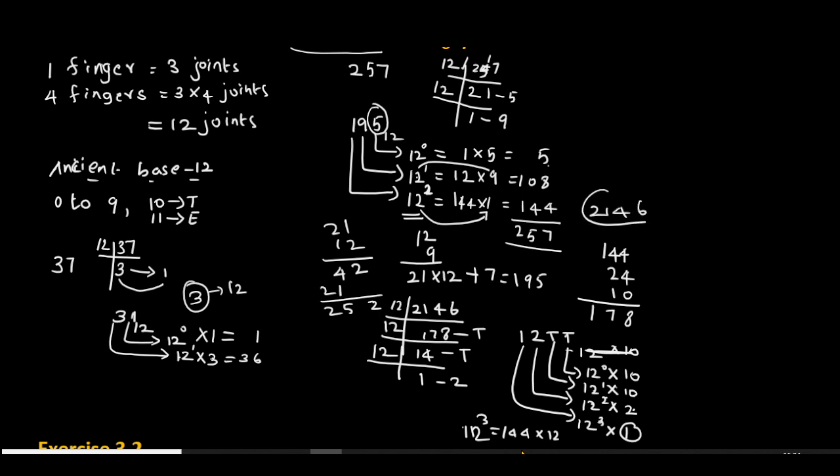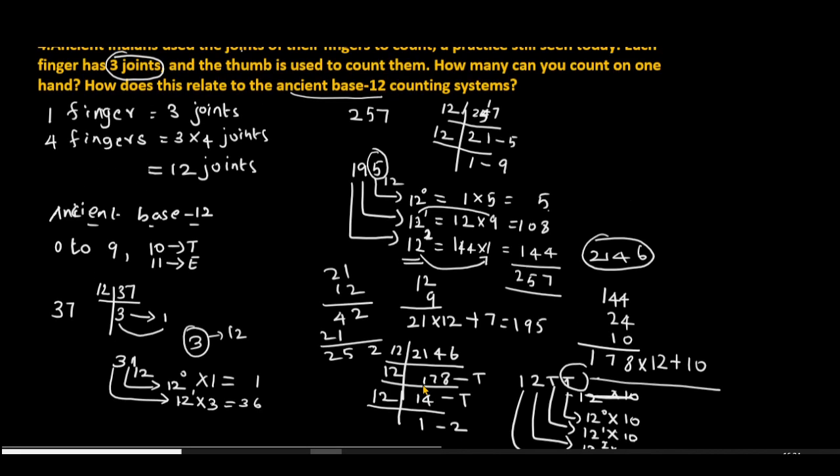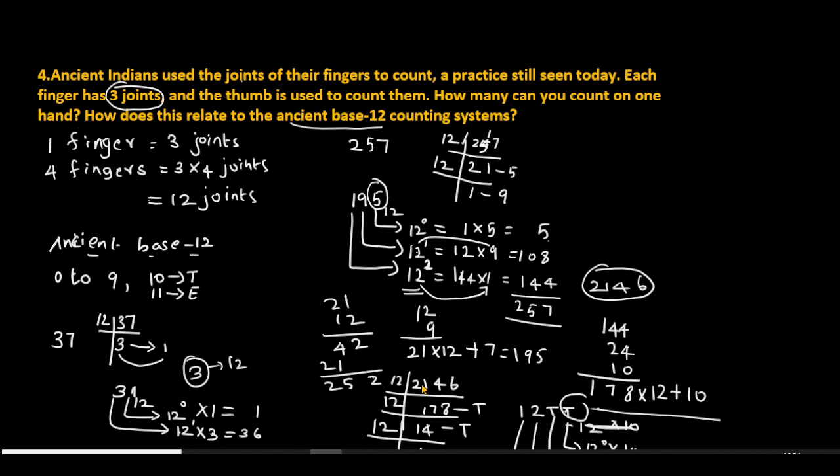In this, 178 12s are there. So 178 times 12 plus the remainder 10 gives you the original number, 2146. This is the ancient base 12 method. We use it like this in our finger calculation also.